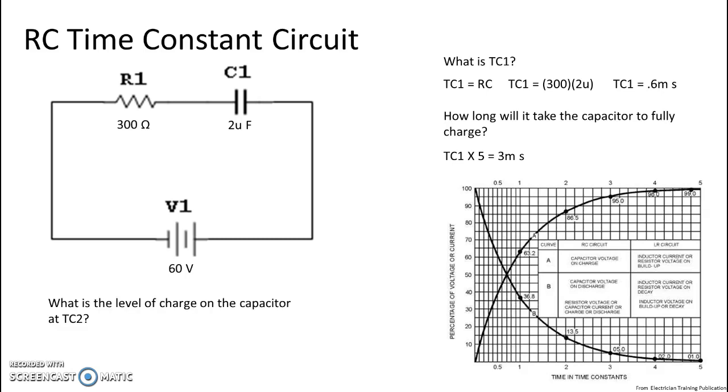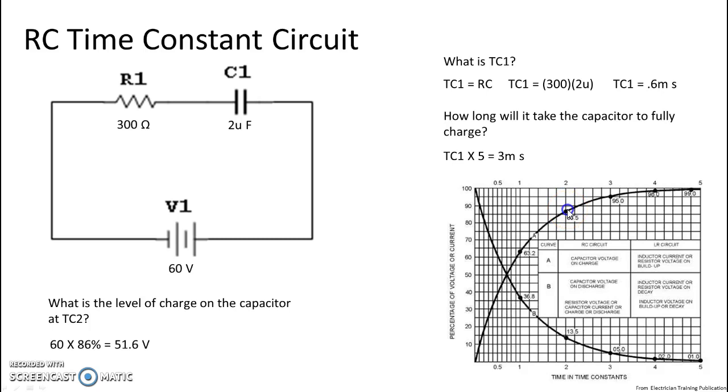All right, now here's where we're really going to start using our graph. What is the level of charge on the capacitor at time constant 2? Okay, so we're looking for an amount of voltage. We're going to look here at time constant 2. Here's the time in time constants. So there is 2, and we see we are at 86% on time constant 2.